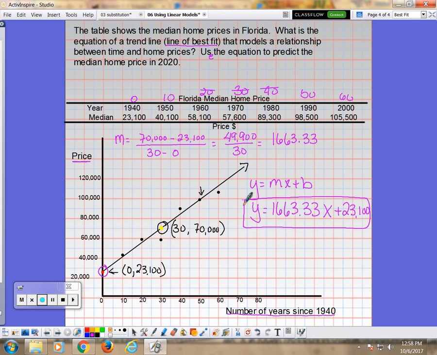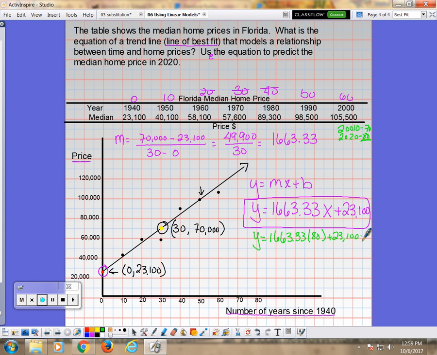Then it went on and said, use the equation to predict the median home value in 2020. Well, if 2000 was 60, 2010 would be 70, which means 2020 would be 80. So I'm going to use 80, and I'm going to plug that in for x. So this becomes y equals 1663.33 times 80 plus 23,100.